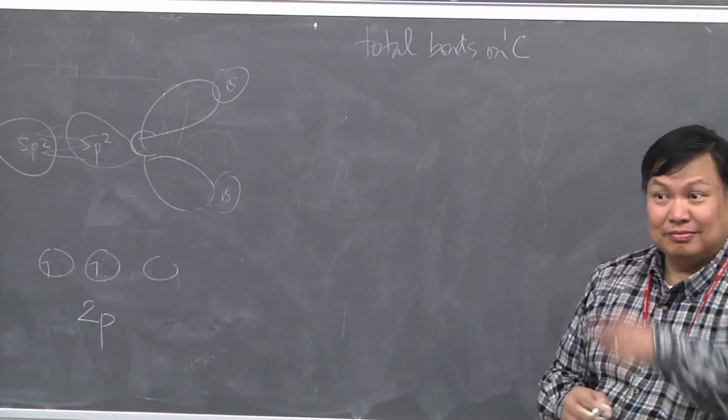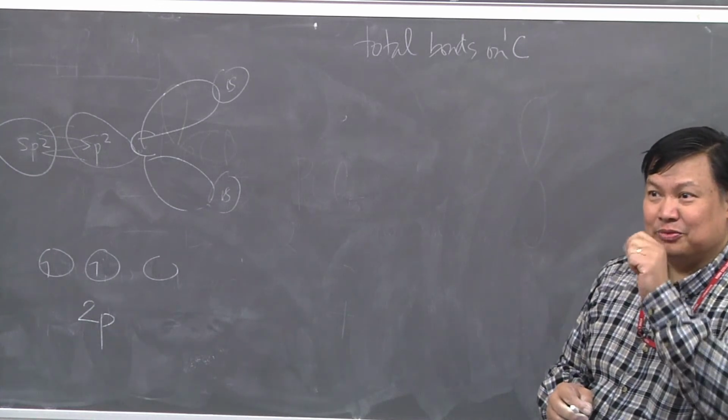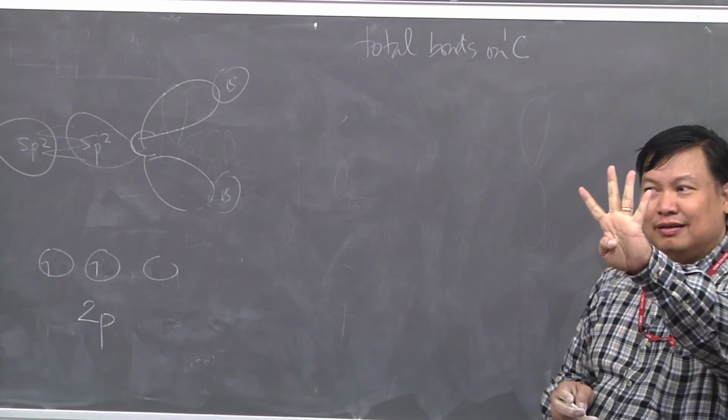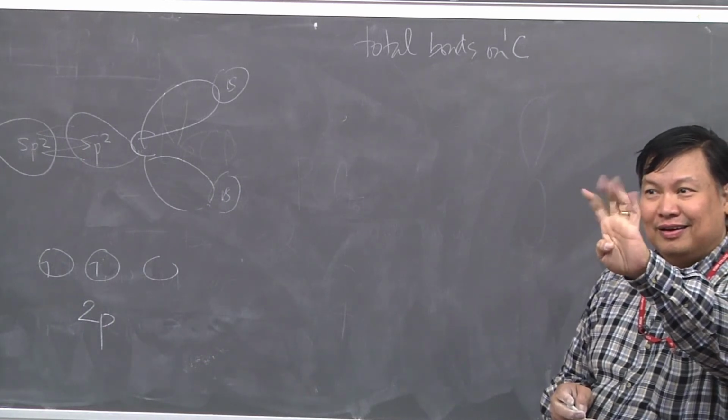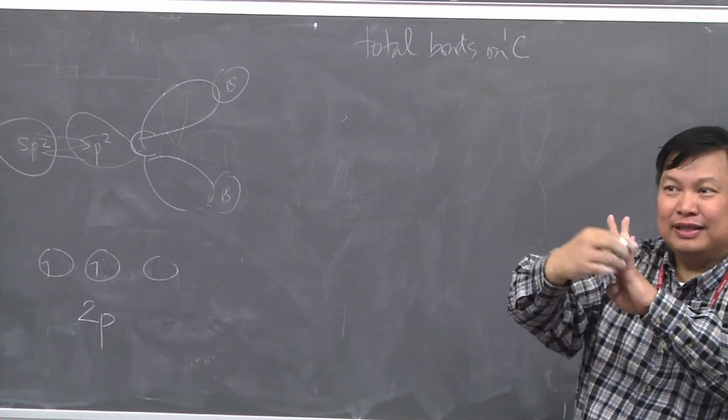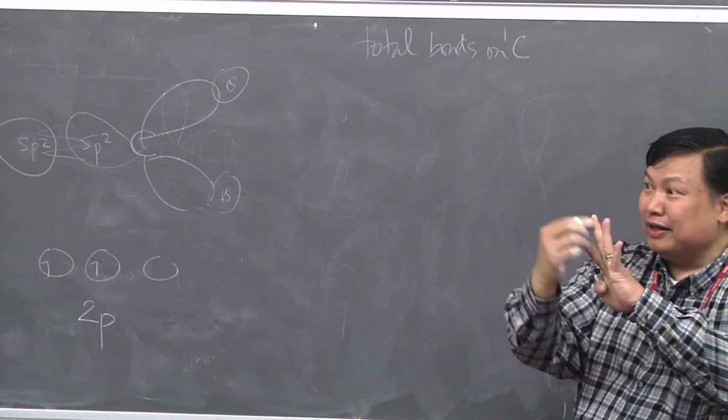We said we made 4 bonds. So how many half-filled orbitals do I need? 4. Because remember, each one of them will need to have a bond. So each one of them will have at least 1.